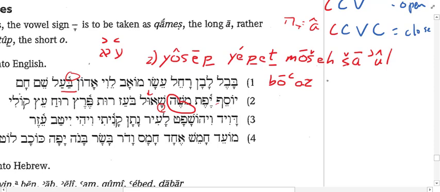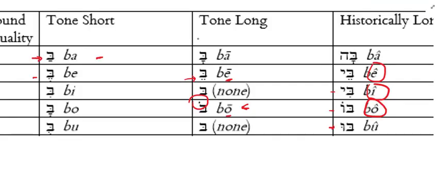The next word is also a familiar one, if you've read the Hebrew Bible or the English Old Testament. Resh, and that's an R followed by a shurik, which is a U, and it's party hat because shurik is a historically long U, right? There it is, historically long U. Ooh.